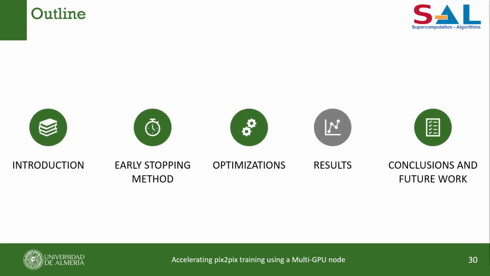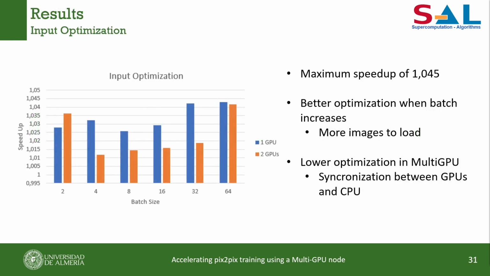In the following section, the results of the different optimizations are going to be shown. First, when applying the input pipeline optimization, a small acceleration of the process is carried out. We notice that this optimization is greater when the batch size is increased. In the two GPUs approach, the optimization is lower than the single GPU due to the synchronization between GPUs and CPUs.